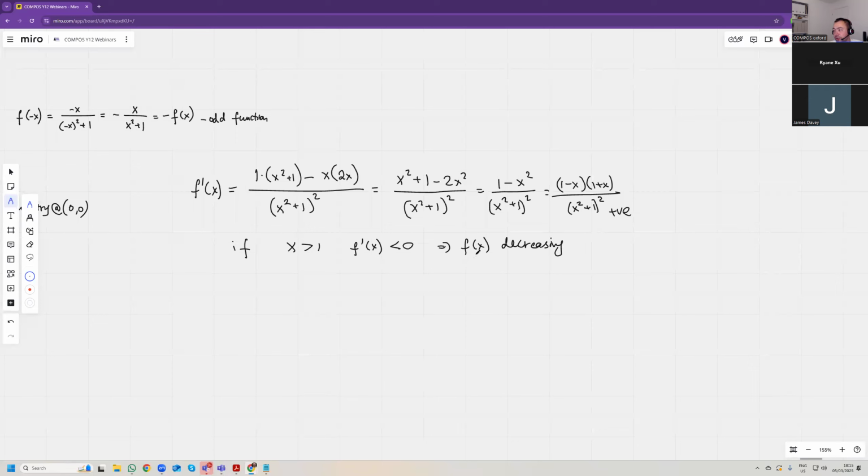So that's a monotonic interval. If x is between 1 and minus 1, you can check that this is going to be 1 minus something, so it's going to be positive, so f of x is increasing. And if x is less than negative 1, f dash of x is less than 0, and that means f of x is decreasing.